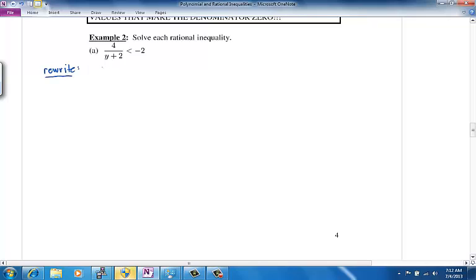I want to take this and make it 4 over y plus 2 is less than 0. And then I want to get a common denominator. So I'm going to take 4 over y plus 2 times y plus 2 over y plus 2 to get that same denominator.